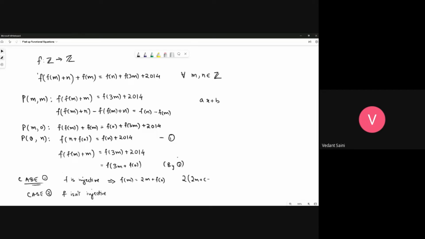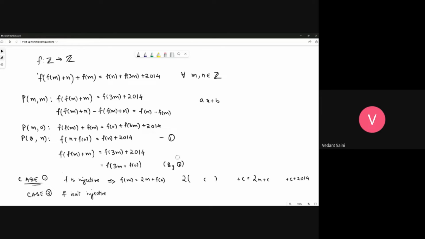2n plus c plus n plus 2m plus c equals 2n plus c plus 6n plus c plus 1. So counting the n's, we have 4 here, 2 here, so 6 on the left hand side and 6 on the right hand side. So we can just cancel these out. And counting the m's, we have 2 on the left hand side and 2 on the right hand side.